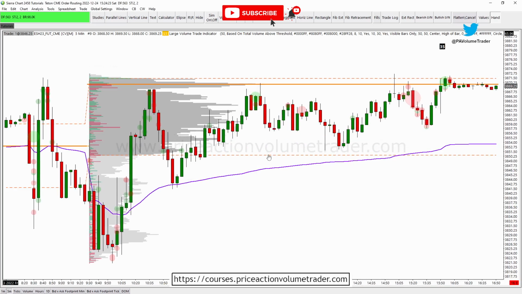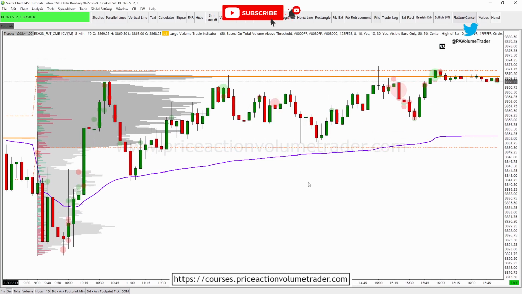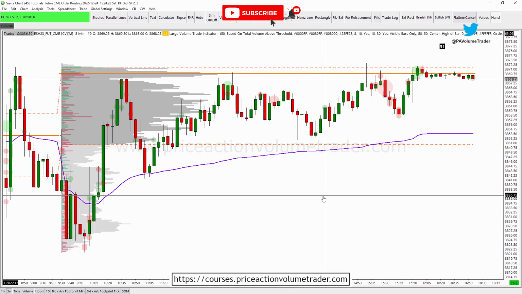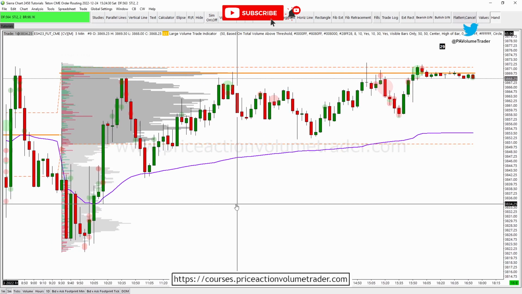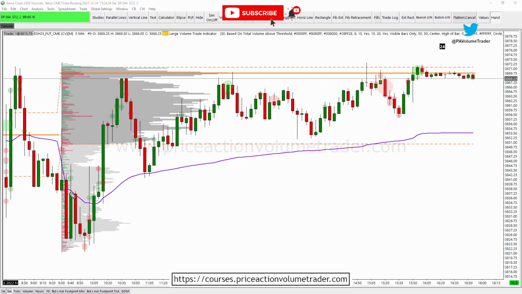Now you have your indicator set, and same thing we were looking at here. For example, on the 5-minute chart, you can see right here we had the open right at 9:30.